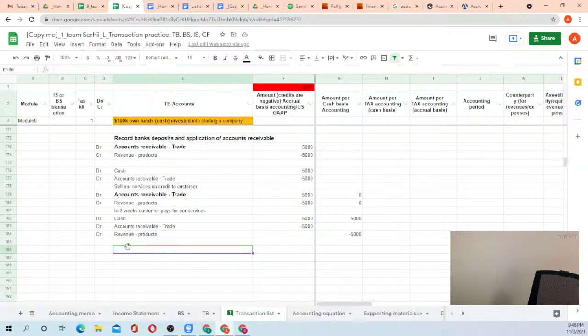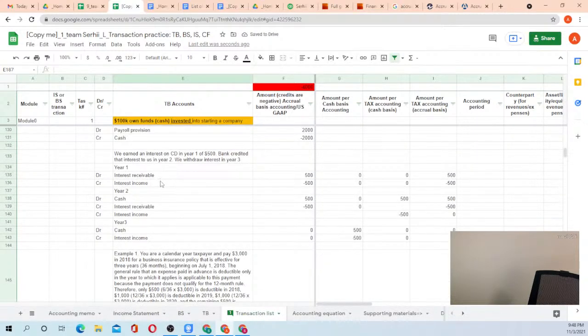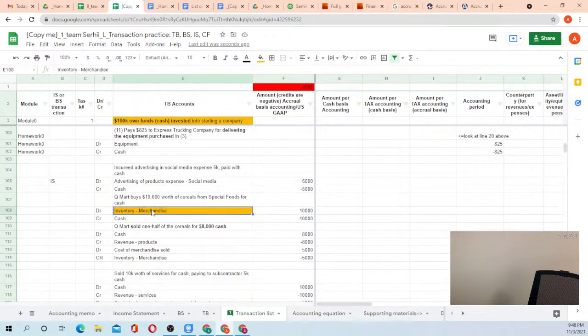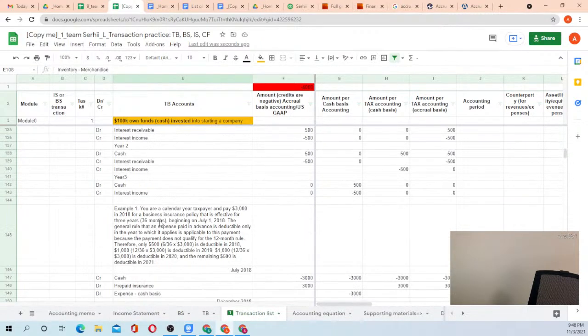Let's say we purchased on credit. We purchased inventory on credit. So what do we reflect in that situation? Let me use our traditional inventory account, inventory merchandise.